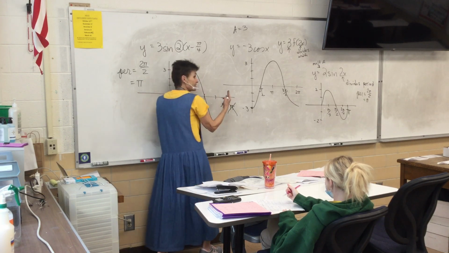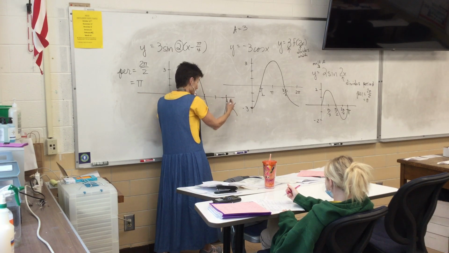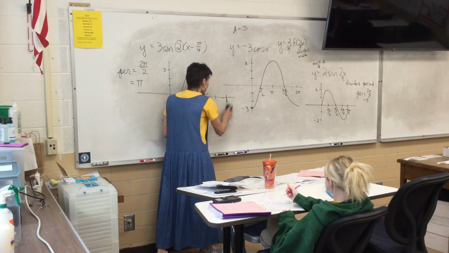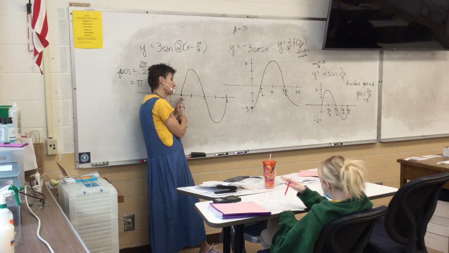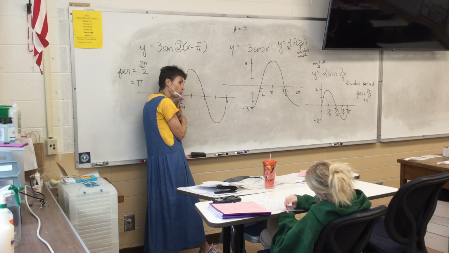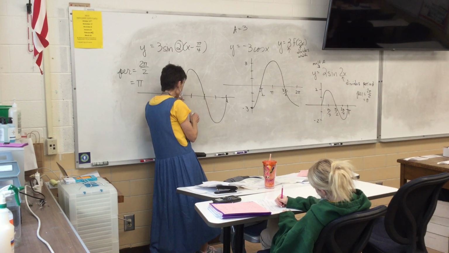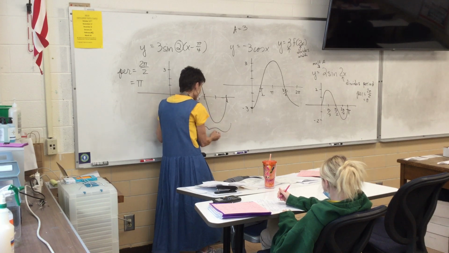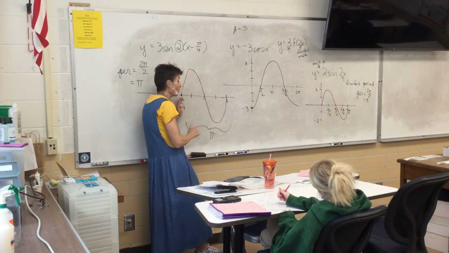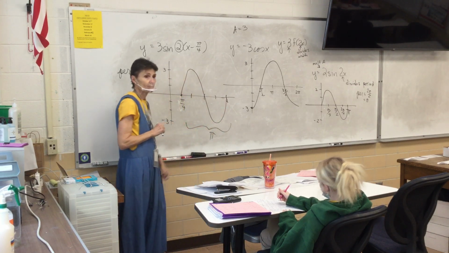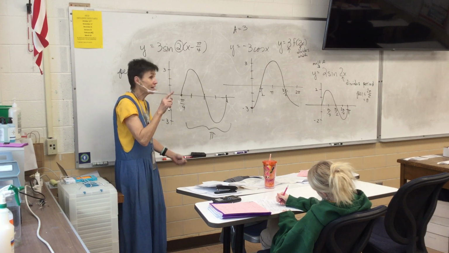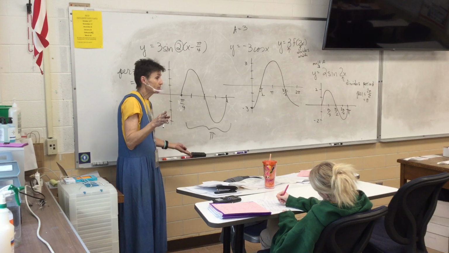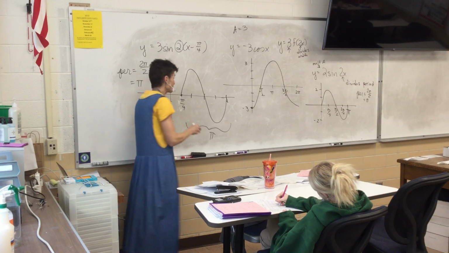This distance is pi. So if I start at 1/4, don't let the pi's confuse you. You start at 1/4 pi, and you travel pi. This distance is pi. Where will I end up? 5 pi over 4, 1 1/4. 1 1/4, which is 5/4.